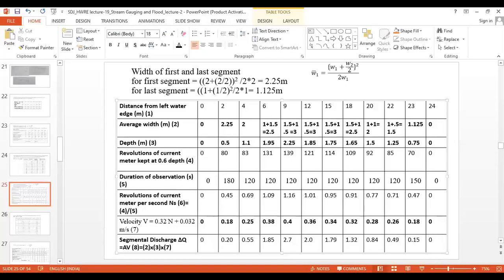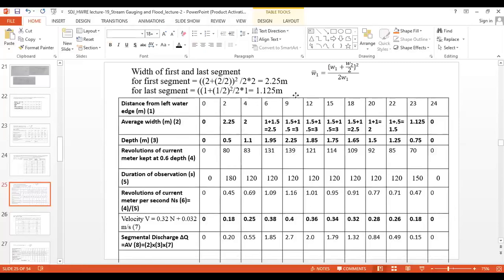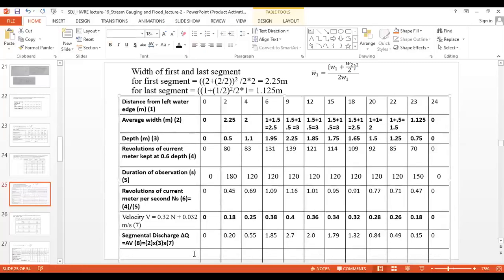Then take the total discharge. We'll go for a summation for that. So that is the total discharge. It will be in meter cube per second. That is a summation of all the segmental discharge.